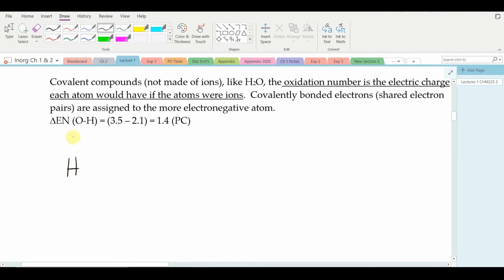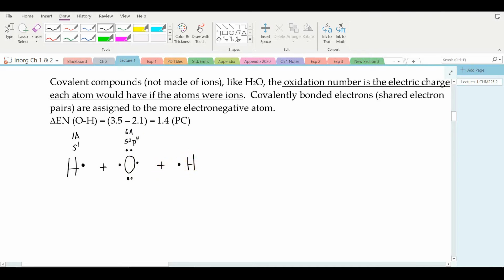Hydrogen is group 1A, s1 electron configuration, 1 valence electron, reacting with oxygen in group 6A, s2p4 electron configuration, 1, 2, 3, 4, 5, 6 valence electrons, and then we have another hydrogen for H2O.